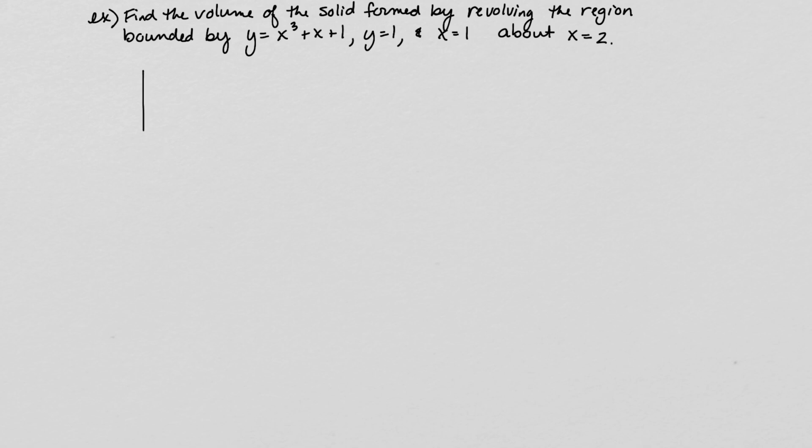So if I looked at the picture of what this looks like, the line y equals 1 goes out this way. Here's 1. Here's the line x equals 1. It's going up this way. And this curve basically looks something like this.